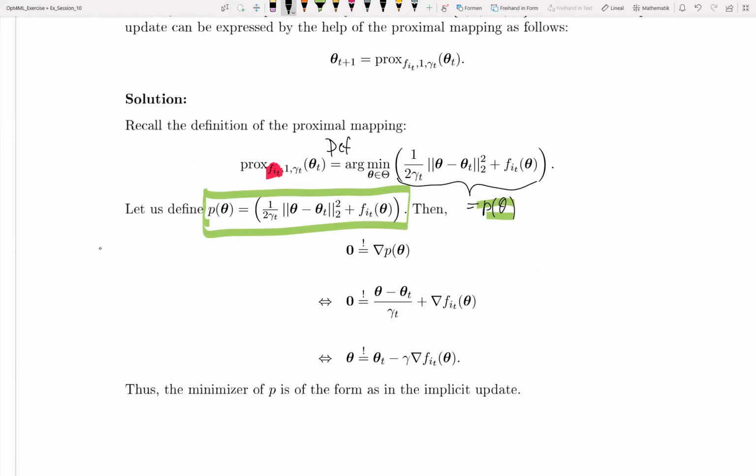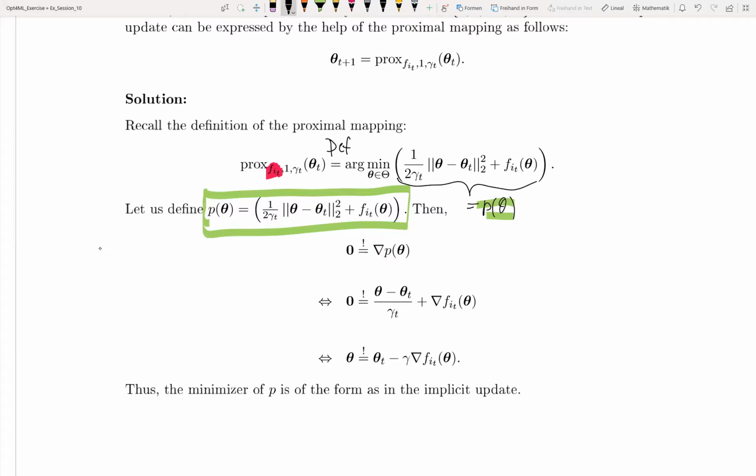Well, what's the gradient of that function? The gradient of the squared Euclidean distance between theta and theta_t by 2r. So we have now computed this at least 5 times or more in this lecture. So it's theta minus theta_t. The 2's are canceling out here and there.